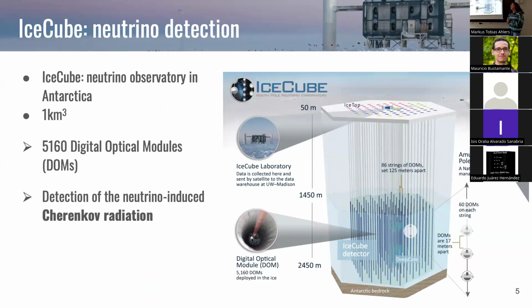IceCube is a 1 kilometer cube neutrino observatory in Antarctica, where we have 5,000 digital optical modules deployed on 86 strings, as we can see here in this graph. And we detect the neutrino-induced Cherenkov radiation, so we detect photons in these digital optical modules.